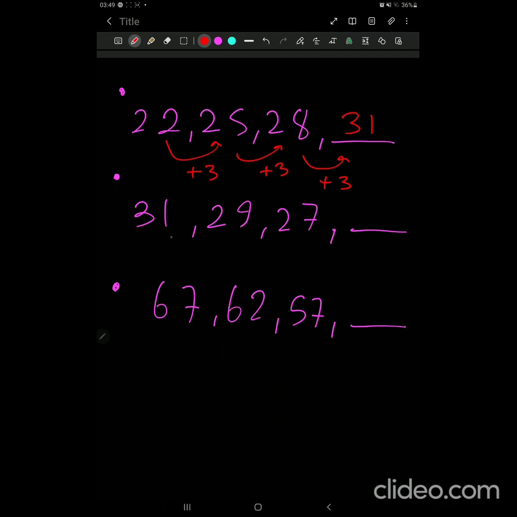From 31 to 29 it's minus 2, and 29 to 27 it's also minus 2. Therefore it's going to be 27 minus 2, which is 25. And the last one is also subtraction. 67 to 62 it's minus 5, 62 to 57 it's minus 5, and therefore the number after 57 is 57 minus 5, which is 52.